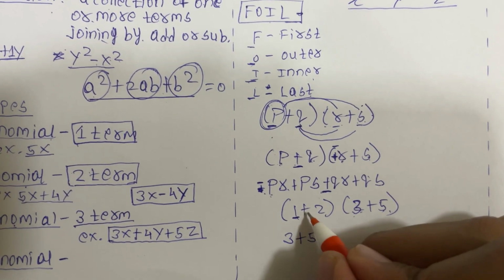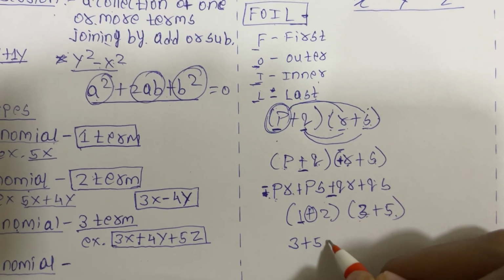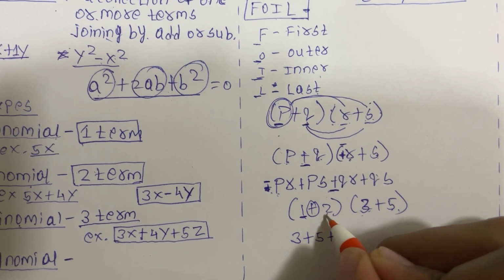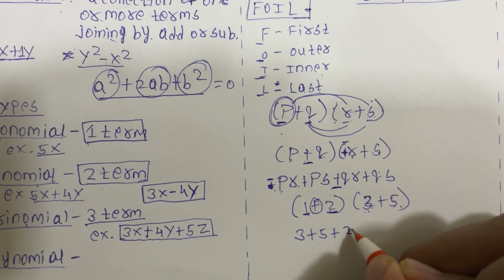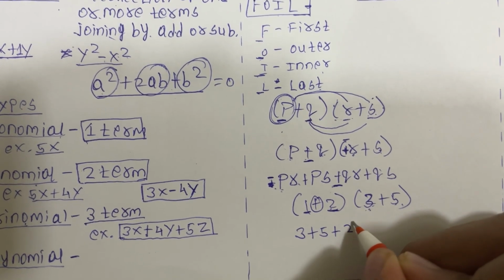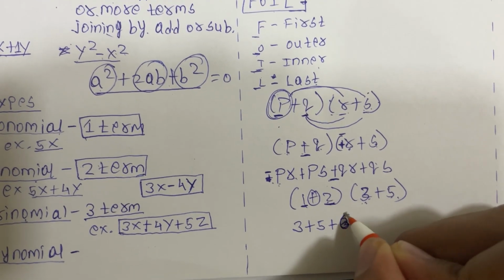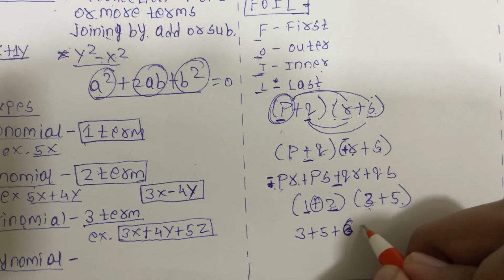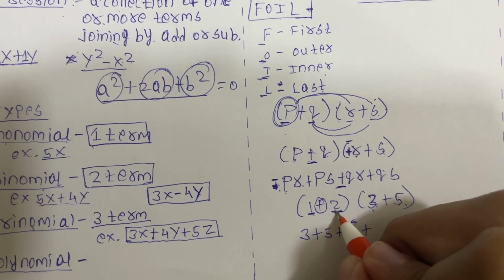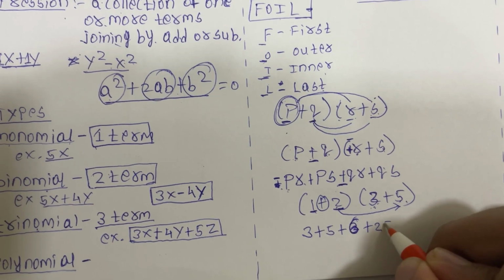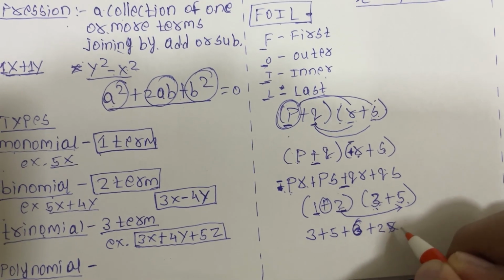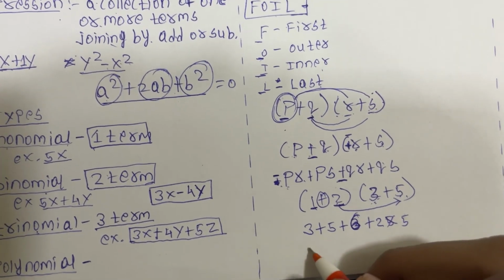Then again we write the plus sign and multiply 2 with 3. So 2 into 3 is 6. Plus 2 into 5.